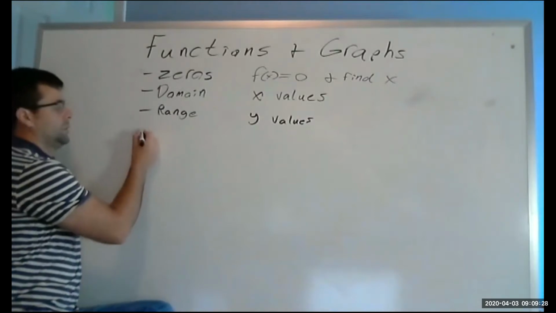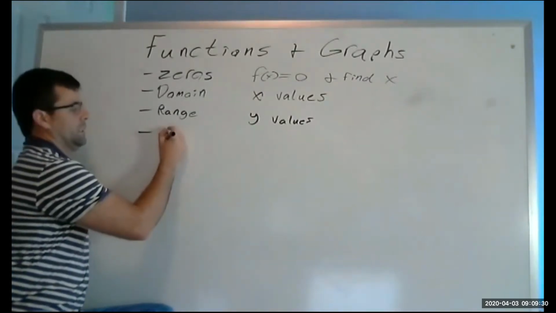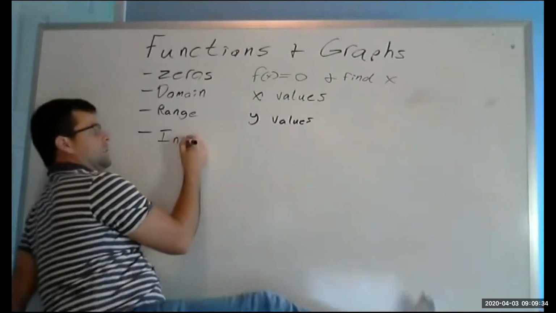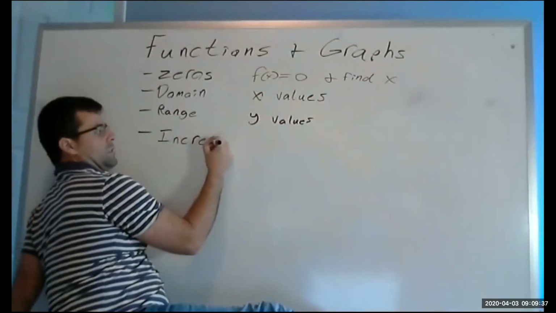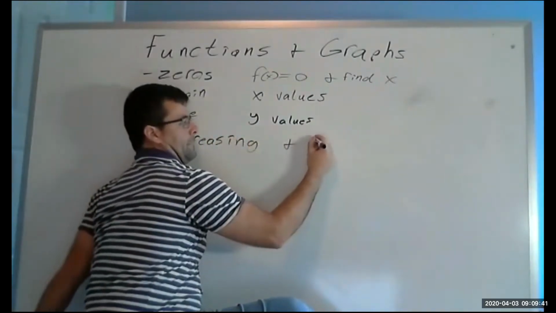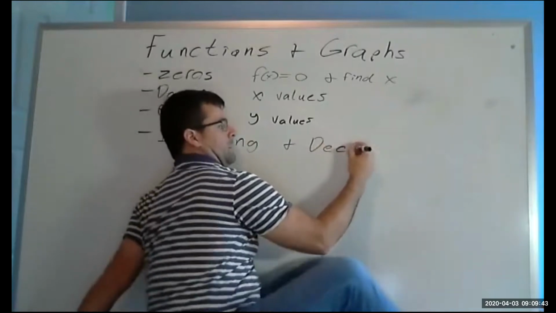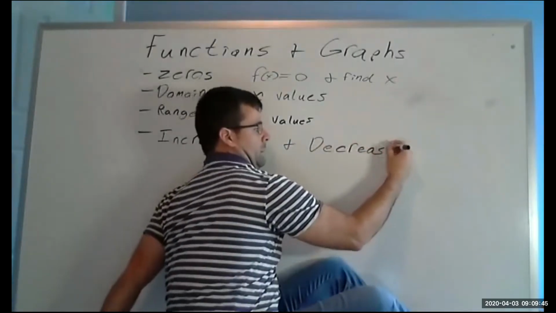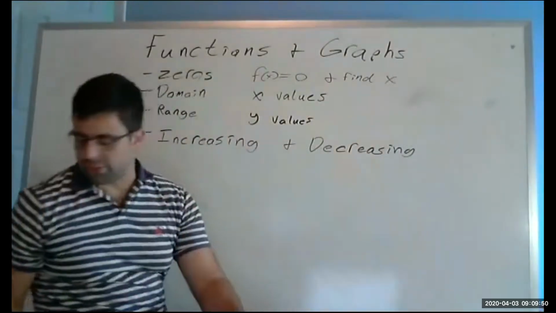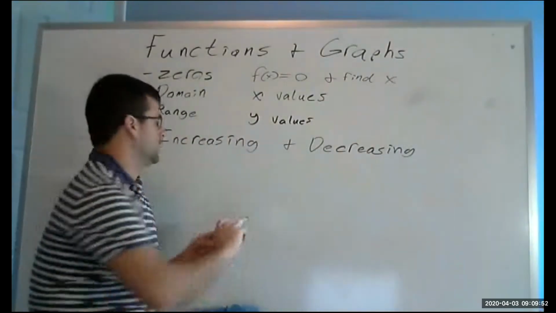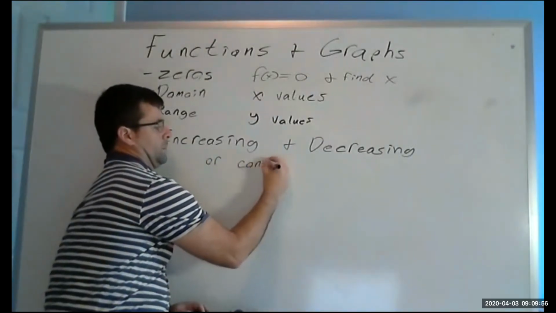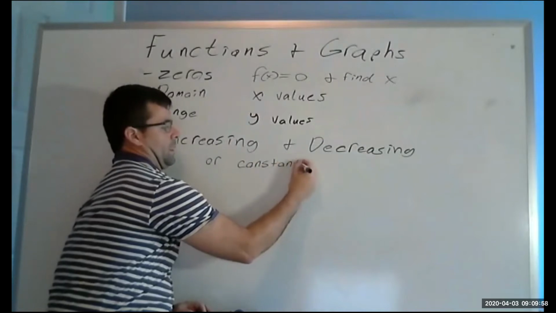One particular quality is where a graph is increasing, decreasing, or constant.